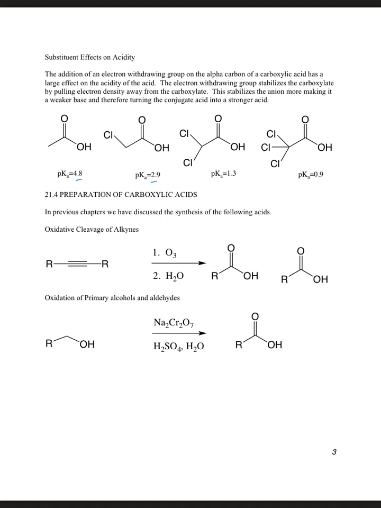If we put 2 chlorines on there, it goes down to about 1.3, and if we put 3 chlorines on there, it goes down below 1. So it's all about having an electron withdrawing group on that alpha carbon, lowering the pKa of the carboxylic acid proton, making it more acidic, making the carboxylate much more stable.